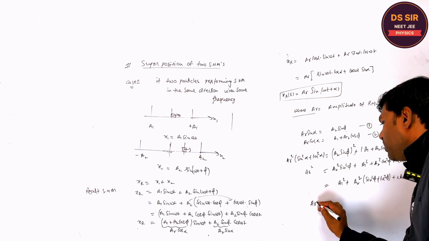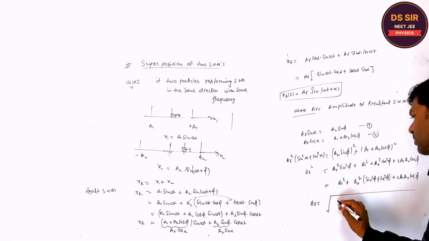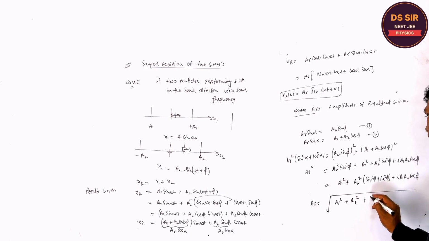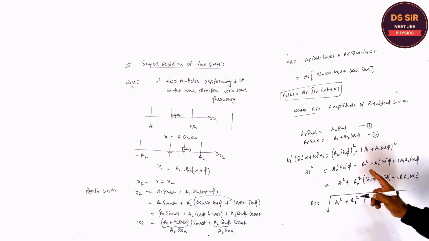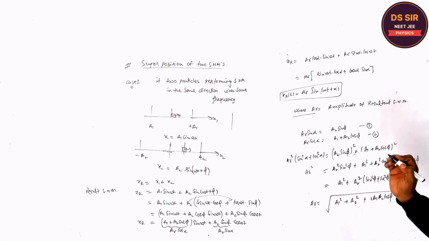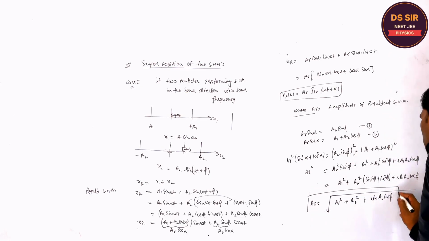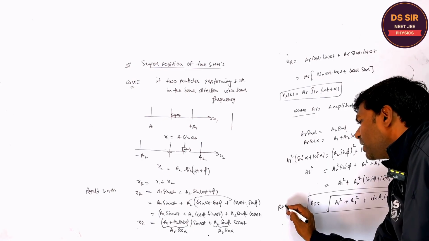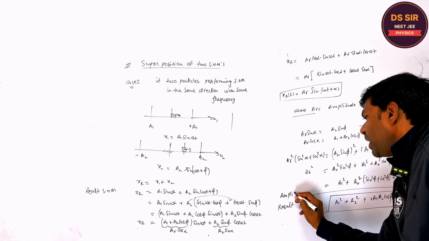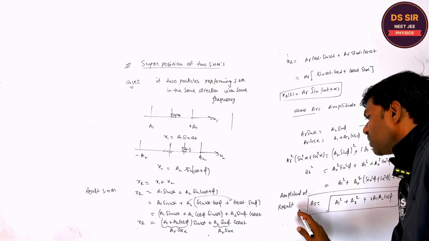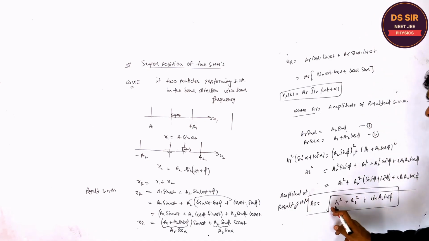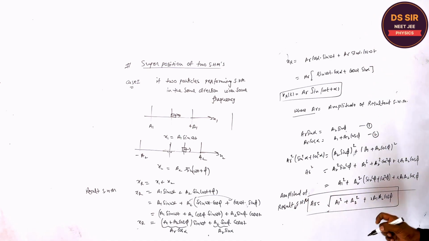Since sin square phi plus cos square phi is equal to 1, the resultant amplitude is the square root of a1 square plus a2 square plus 2 a1 a2 cos phi.